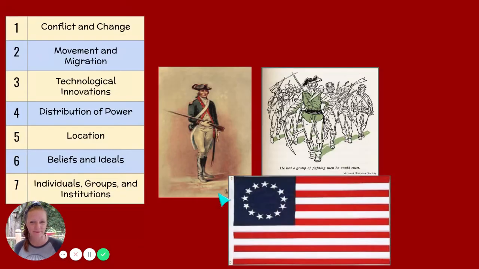Let's do another. Okay, there are 3 images for this one. I see one person here, several here, and then a flag. All right, here's your text clue.